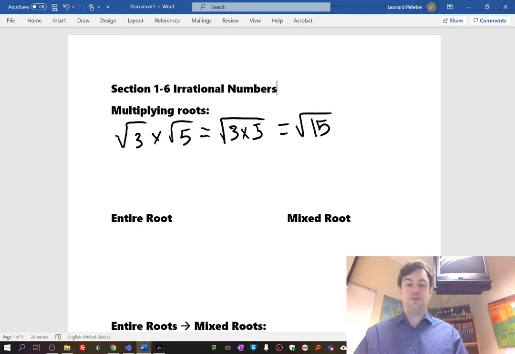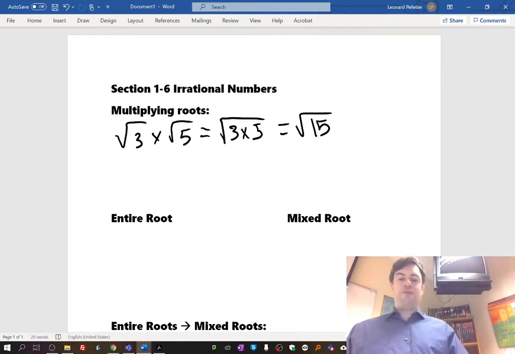If you're asked to multiply 2 roots together, you can just do it like that. You can take the square root and make it longer and take in the whole multiplication string. So that's that. Sometimes you'll get something that will result in an actual perfect square.